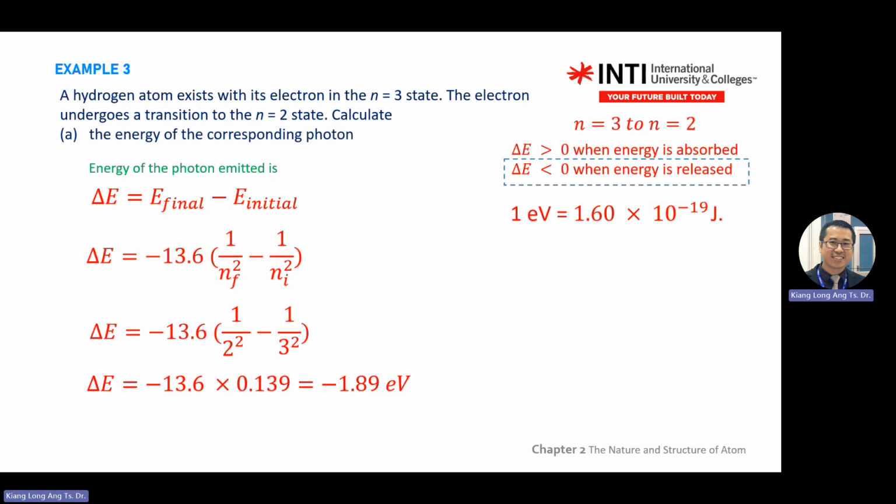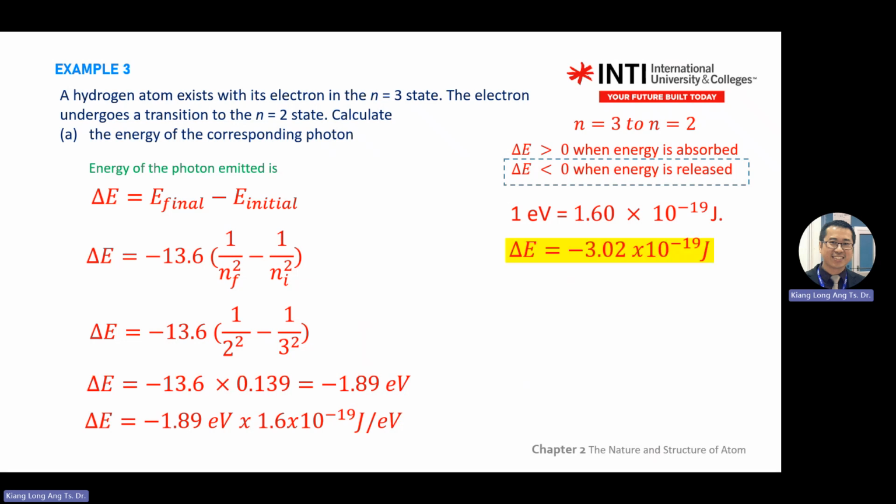The question asks you, it can be two types of answer. One is in eV, one is in joule. So if the question asks you for joule, then you multiply this number to the eV, 1.6 times 10 power negative 19. You substitute, you get the joule unit.